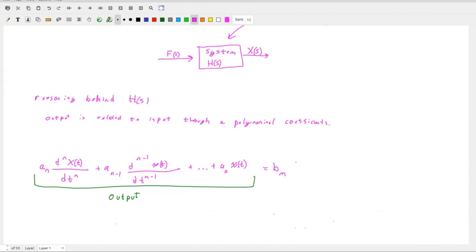So b to the m times d to the m of f of t over dt to the m, plus b to the m minus 1 times d to the m minus 1 f of t over dt to the m minus 1, plus whatever you want, plus b naught f of t.